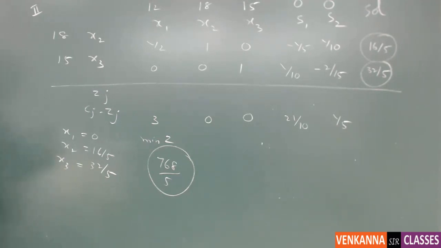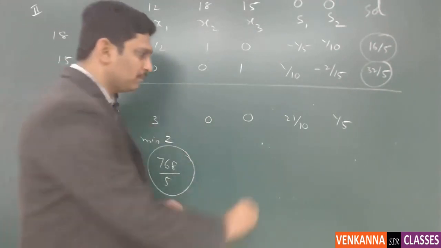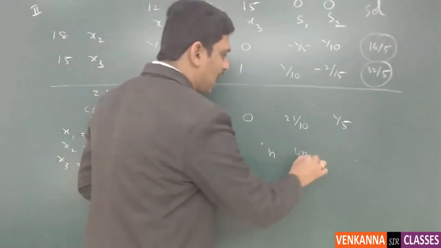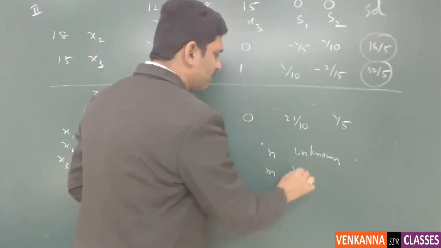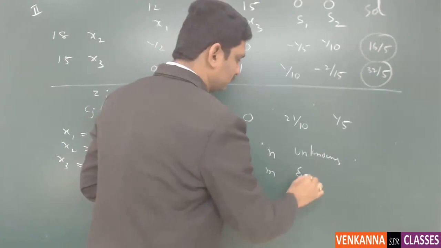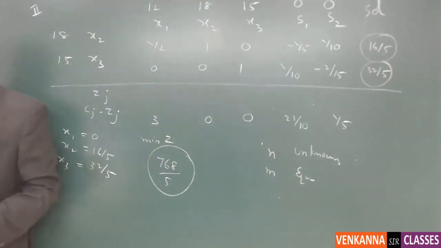So let me take a simple thing. Since you know how to solve the matrix equations, let me say I have n unknowns and m equations. Generally, to find the solution part, we check whether m is equal to n, n is greater than m, or m is less than n. We will check like that, right?